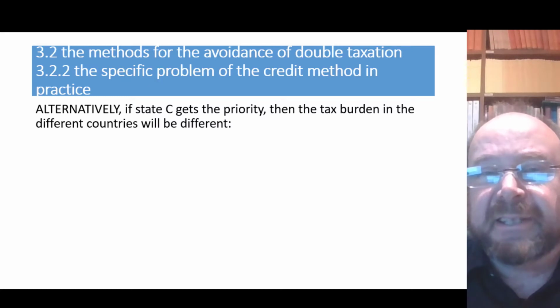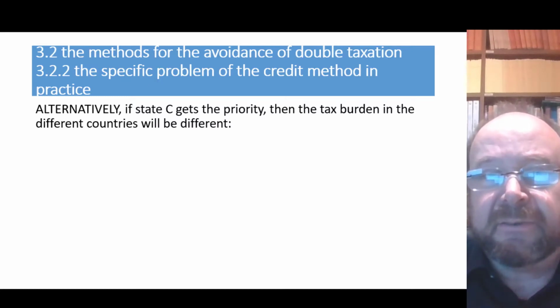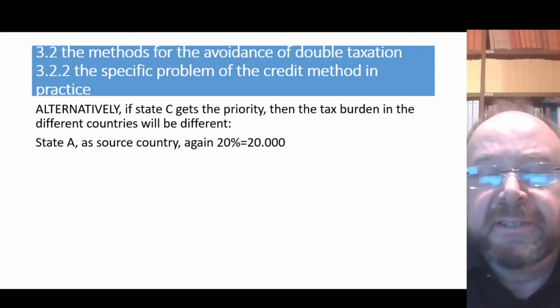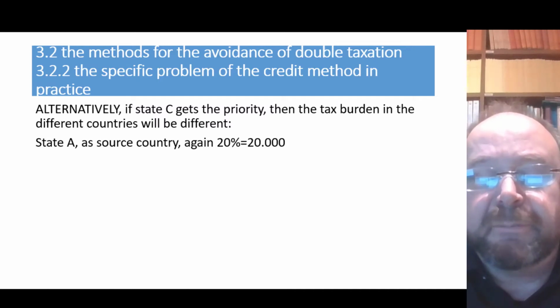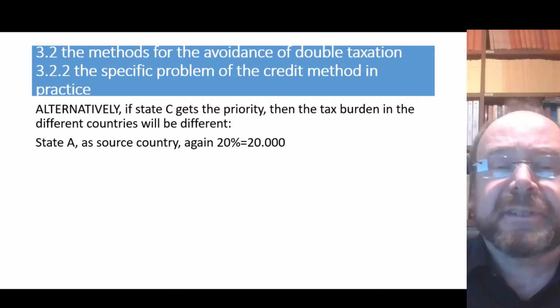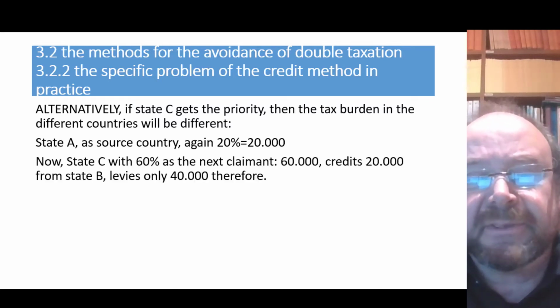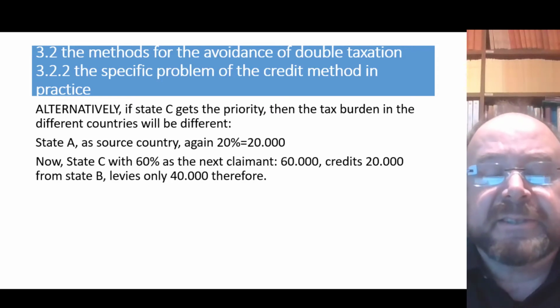What happens if state C has the right to claim taxes first, so before state B gets the opportunity? State A, again the source country, begins and opens the fight with 20%, that's 20,000. Now state C says, okay, my claim is 60%, I want to have 60,000.